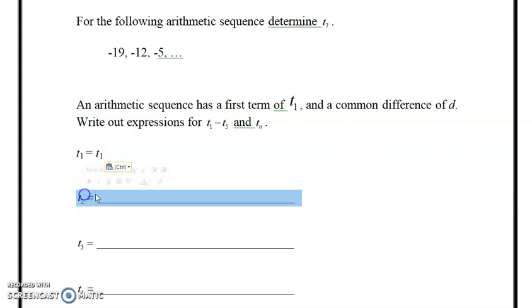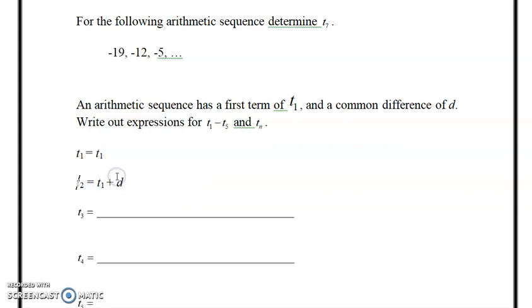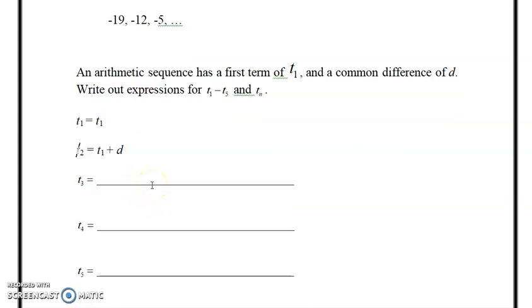So term 2 equals term 1 plus D, our common difference. That allows us to obtain our second term.